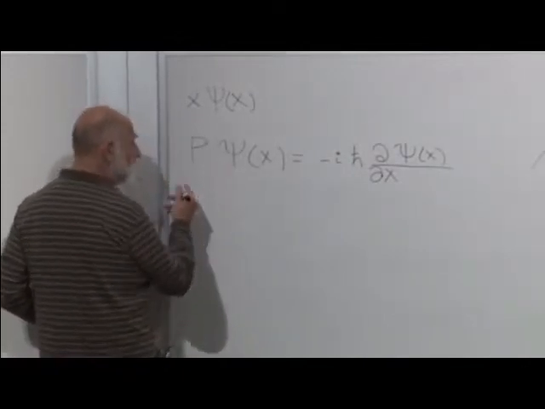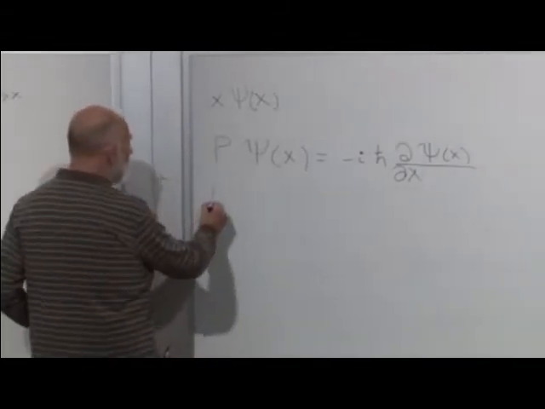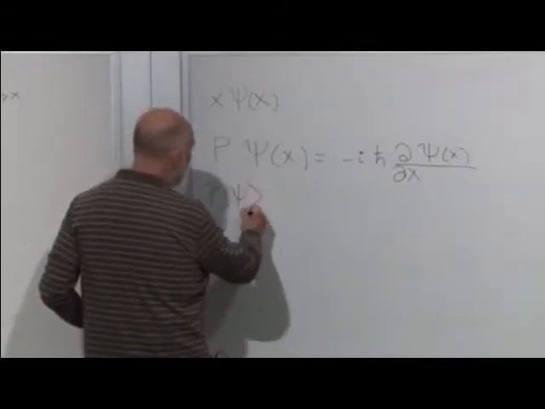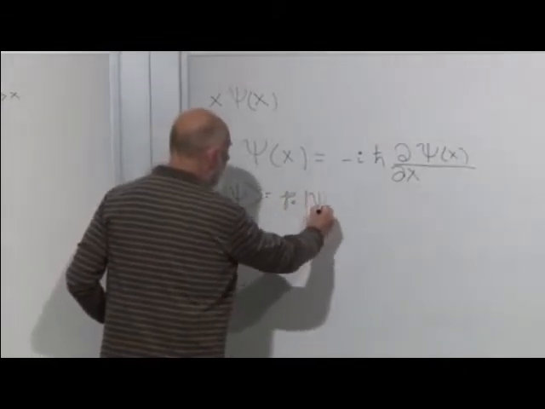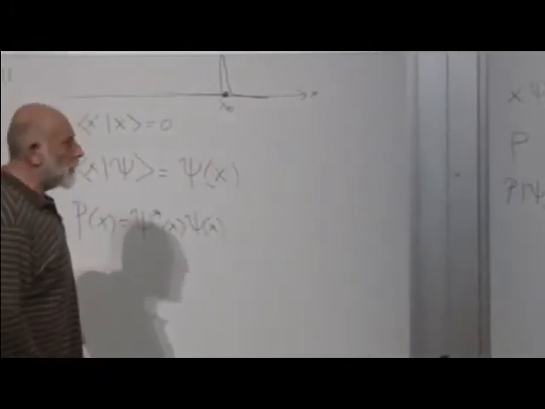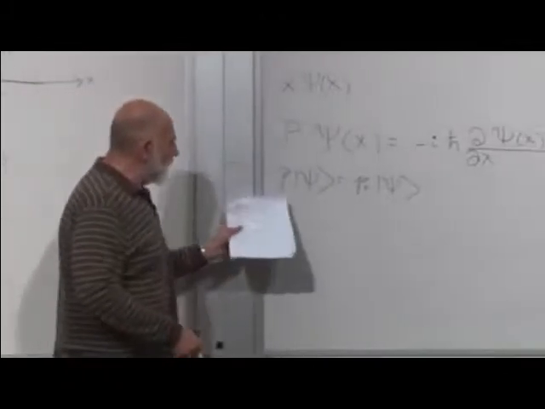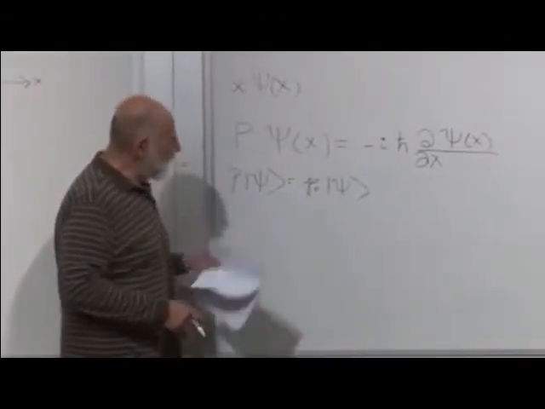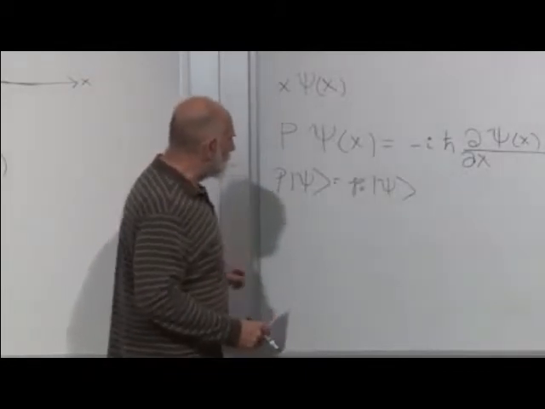Let's write the abstract equation first: P on psi is equal to little p naught times psi, the eigenvalue being little p naught. Little p naught is the value of momentum that this particle has, and in this particular state, the momentum of the particle is known to be p naught.